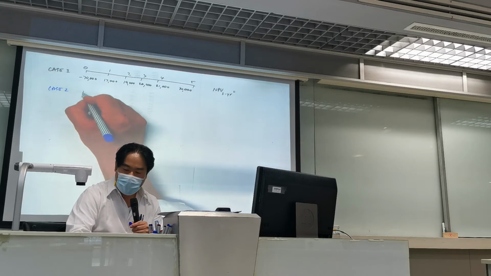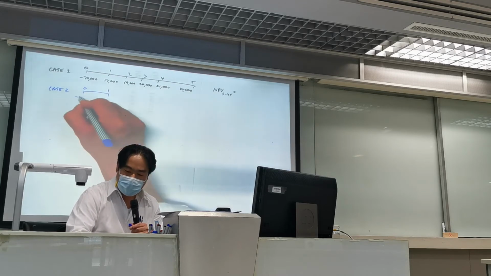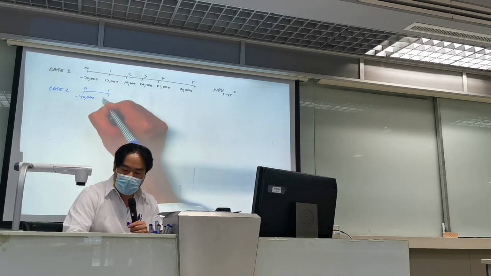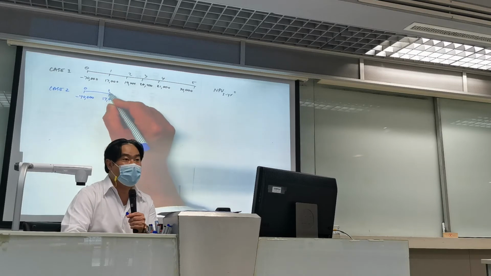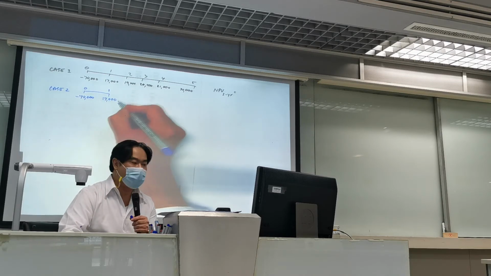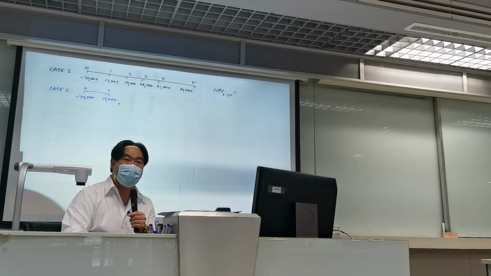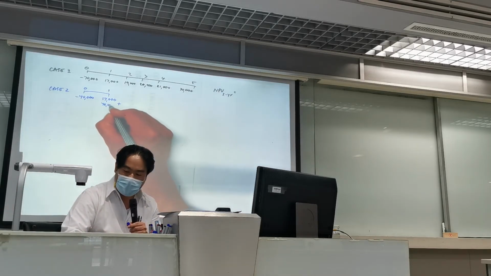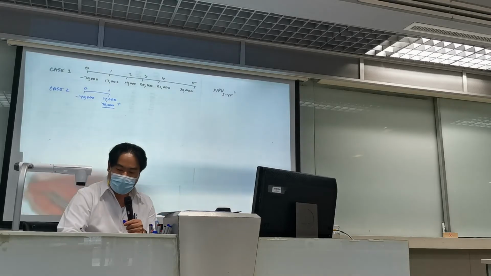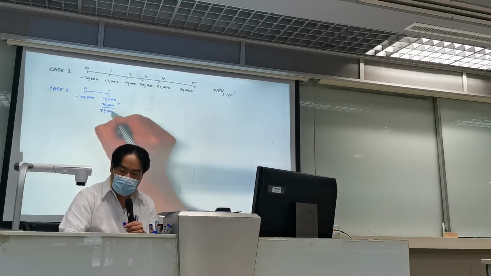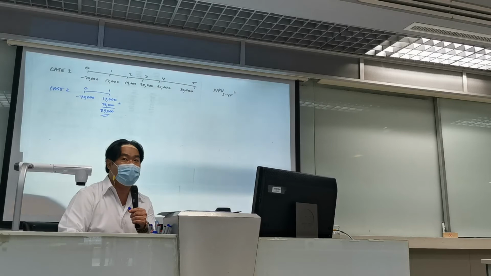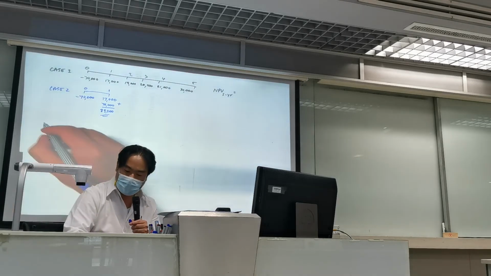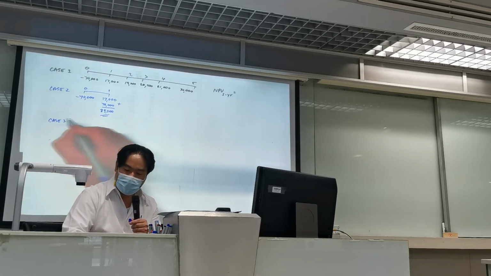You may invest in just 1 year, 70,000. You get cash flow in year 1, 17,000, plus the selling price because you sell it after you operate for 1 year. You get 72,000. So finally, your total cash flow will be 89,000, and the project life equals 1 year only. Or you go to case number 3.